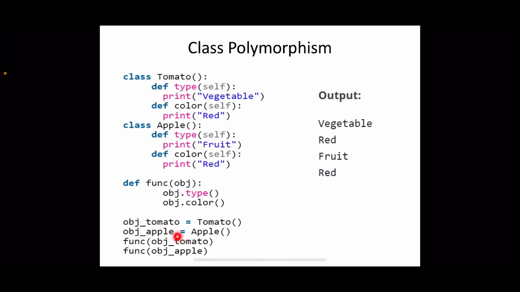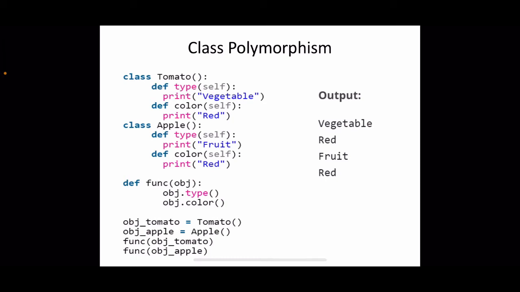With object tomato as the argument, it will come here and type will be invoked first, so vegetable will be printed, then color will be invoked and red will be printed. Again we are invoking the same function with the second object, object apple, as the argument.